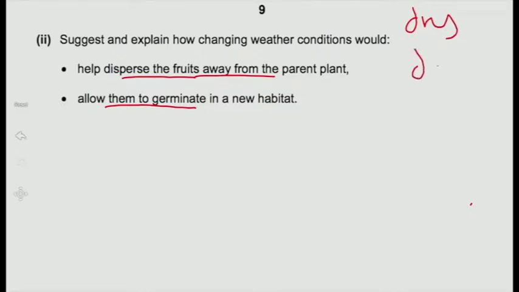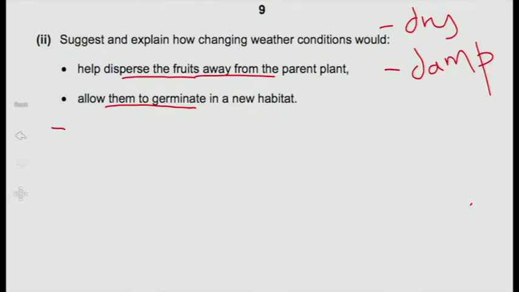We said the first fruit was placed in a dry environment. That is why the hair was spread out. And the second fruit was in a damp environment. So we've got two weather conditions here, dry and damp. So our answer will be based on these two weather conditions, dry and damp.